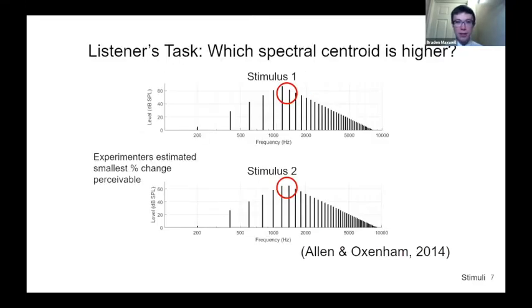All right, so on each trial of Allen and Oxenham's experiment, the listeners heard 2 stimuli, one with a lower spectral centroid and one with a higher spectral centroid, and their task was simply to identify the one with the higher spectral centroid. The experimenters gradually estimated the smallest amount by which the 2 could differ, such that the listeners would get the task correct 71% of the time.